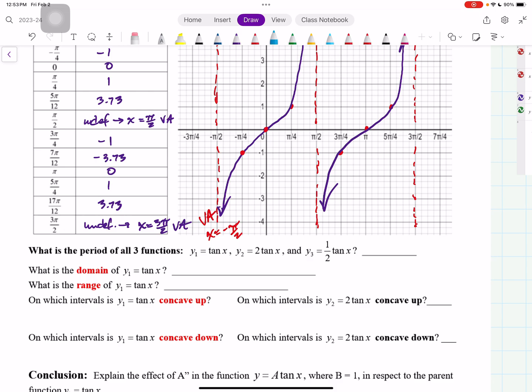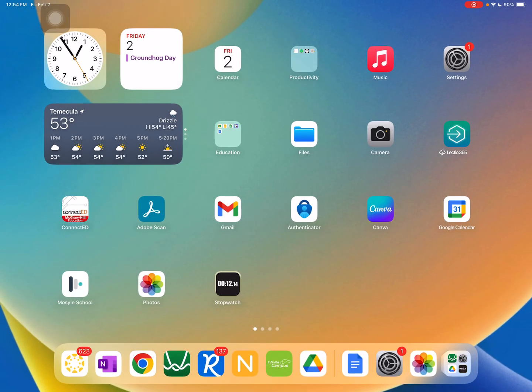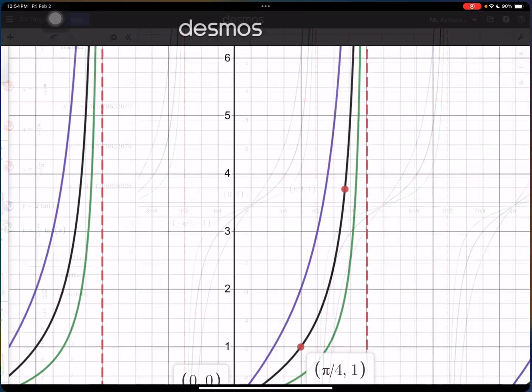So let's write that out. Domain, which is your set of all input values: all reals except pi halves, 3 pi halves. And if you look at decimals, it keeps on going on here. So let me just bring this in.